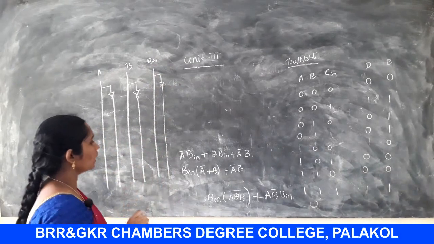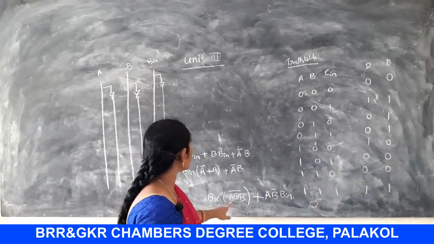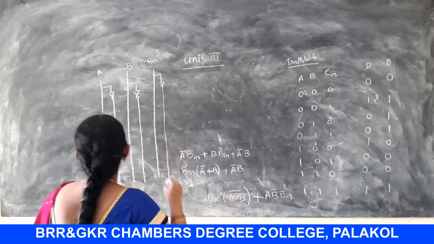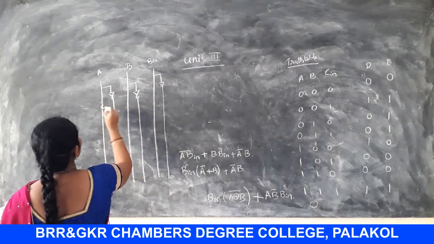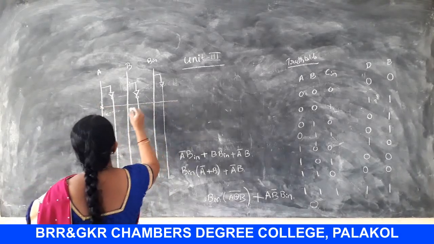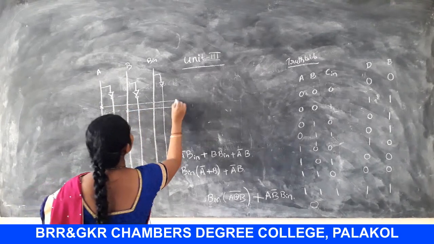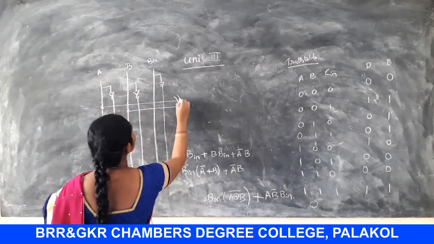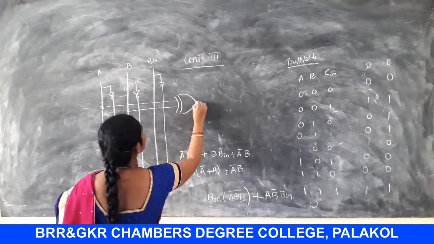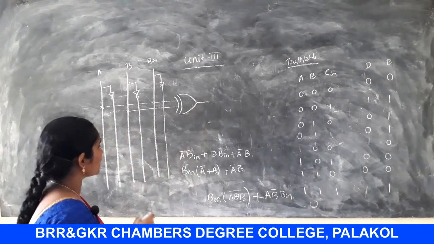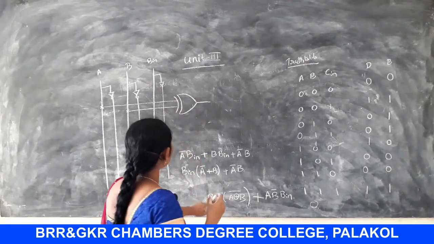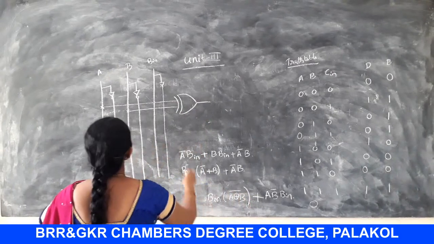Okay. So here the first expression, that is the difference expression, is A XOR of B. So this is A XOR of B here. Okay. So and next one is this A XOR B is AND with B in.